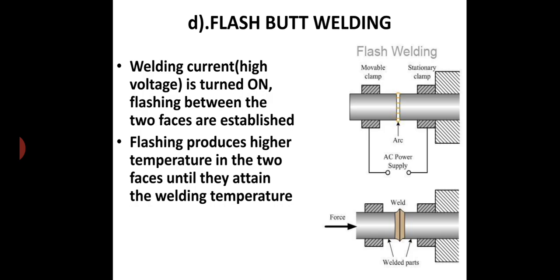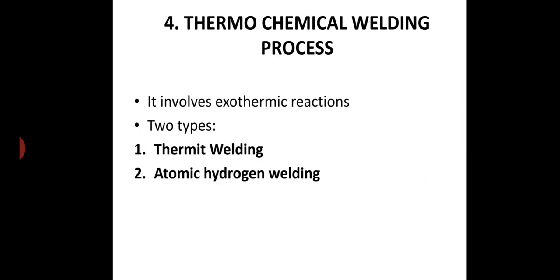An arcing will happen, and definitely you will be using a much higher force. You are not generating very high temperatures as in arc welding, and you will be utilizing the force of hitting. You can see the movable clamp and stationary clamp. One part will come and hit the second part, so that the fusion happens between the metal parts to be joined.